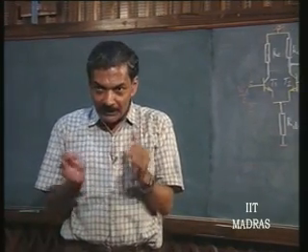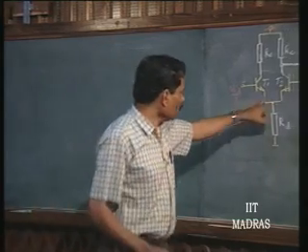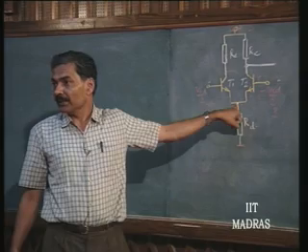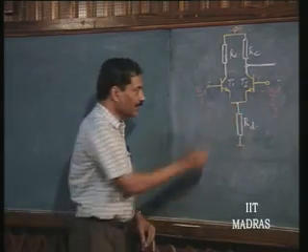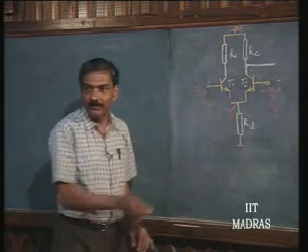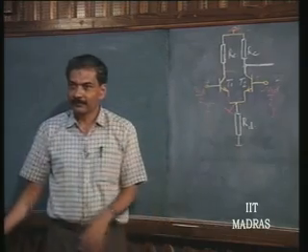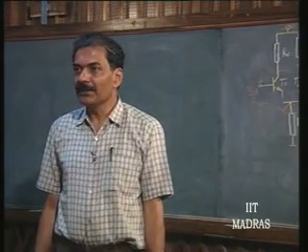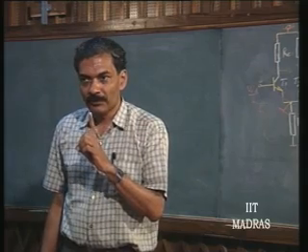So, because of symmetry, I can say that this point is going to be at all times at 0 potential, in which case I can as well say that this is grounded. Only if it is purely differential mode, okay?